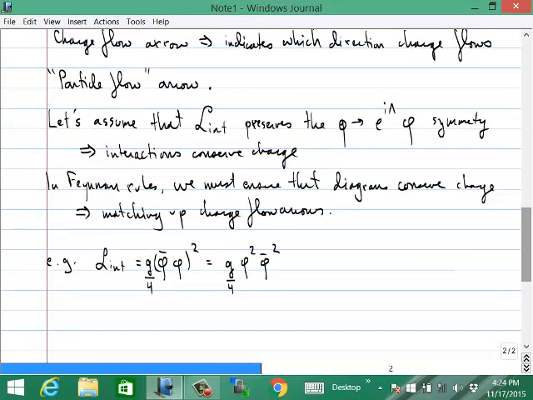So this would lead to a type of interaction vertex in your Feynman diagram, which gives you a factor of ig, the coupling constant, and two particles of plus charge can come in, and two particles of plus charge can go out.